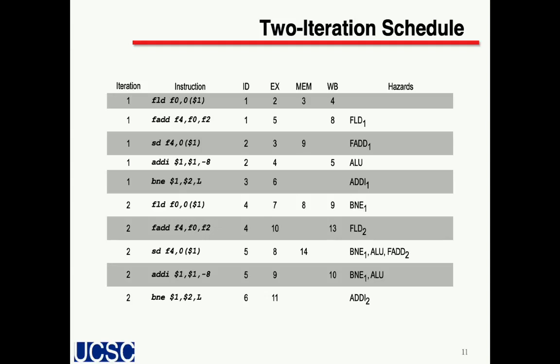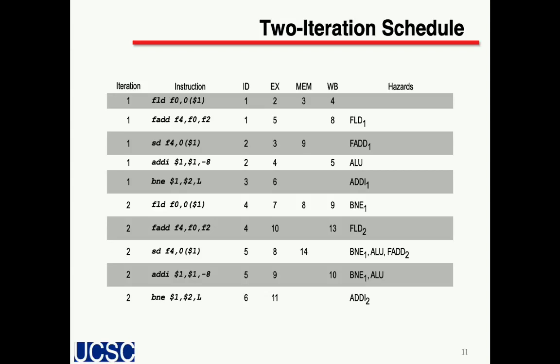And then there's the add I and the BNE, and we can call this one iteration. So there's not a ton of parallelism here in terms of how this is currently expressed in this code.